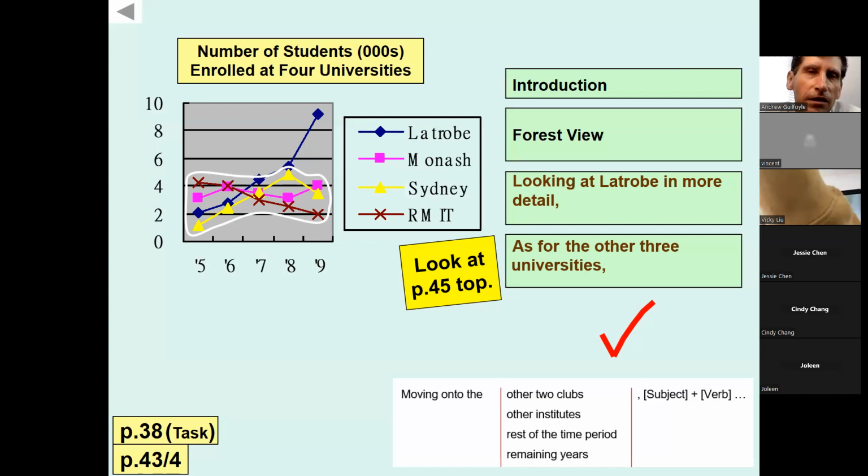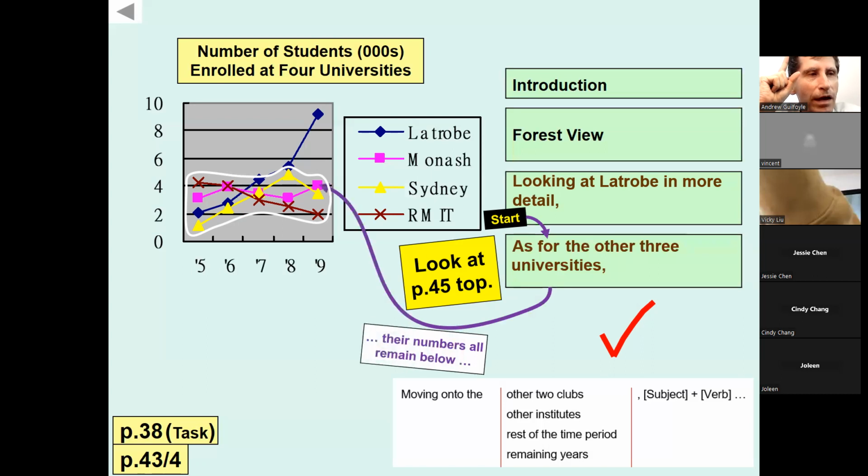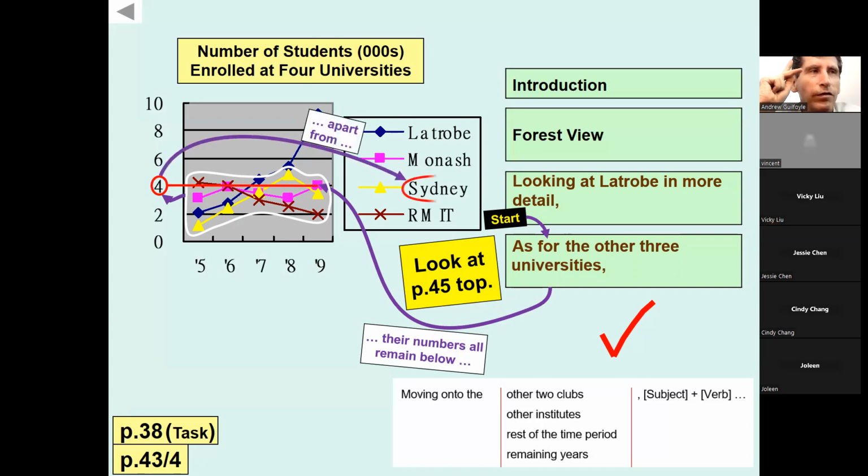But you don't have to say a lot about boring things. For example, as for the other 3 universities, their numbers all remain below what, everyone? Below 4,000.